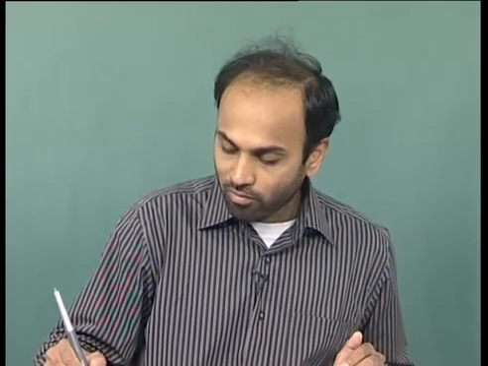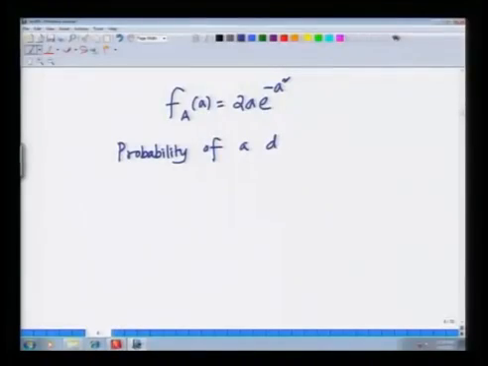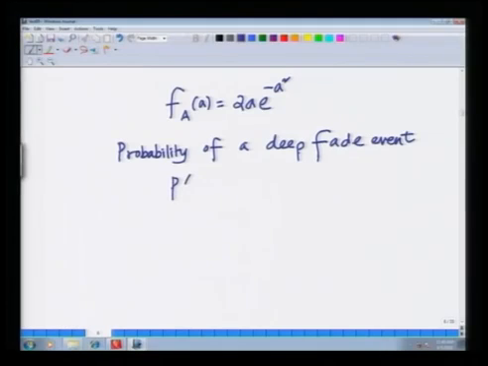So, the probability of a deep fade event is nothing but the probability that A, the fading coefficient as we have seen earlier, is less than 1 over square root of SNR.